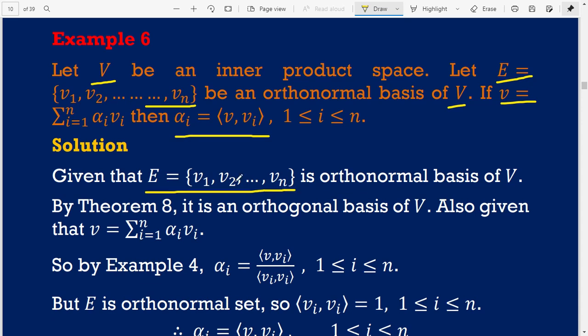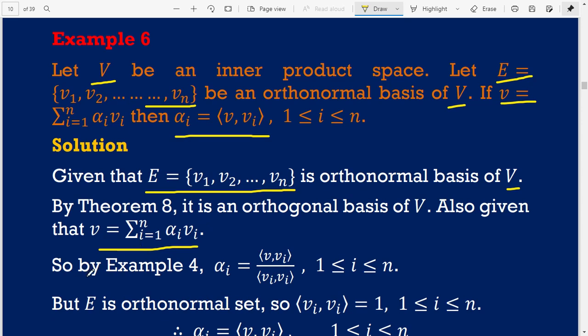E is equal to V1, V2 to Vn is an orthonormal basis of V, by theorem 8 it is an orthogonal basis of V. Also given that v is equal to summation i is equal to 1 to n of alpha i Vi.